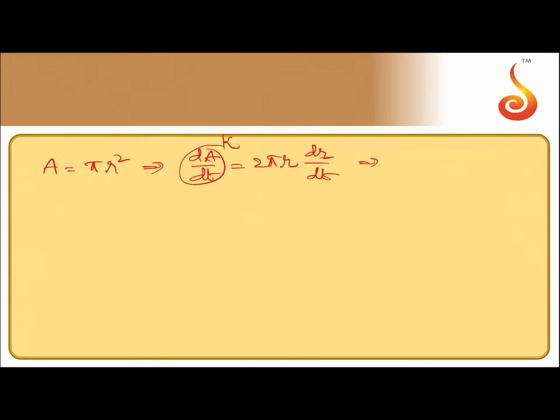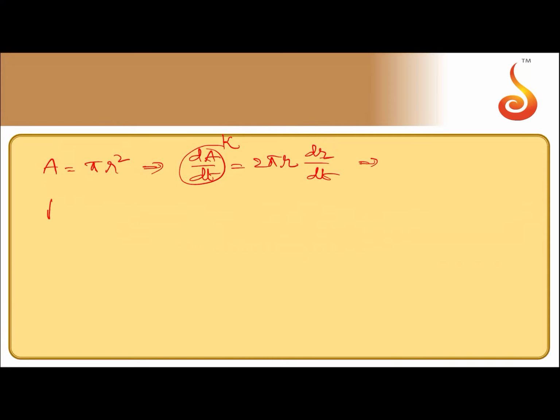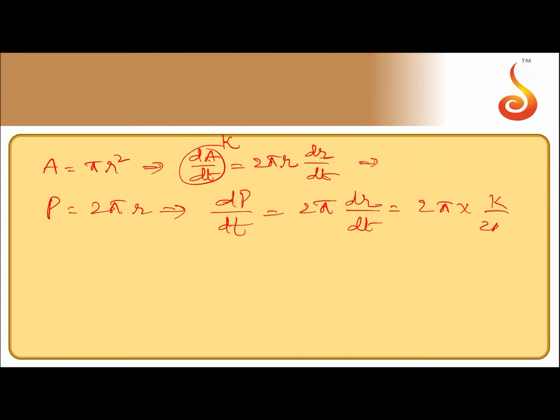So I say this is equal to k. Let me assume that. The perimeter is equal to 2πr. So dP/dt = 2π · dr/dt, and substituting, 2π · dr/dt is k divided by 2πr.